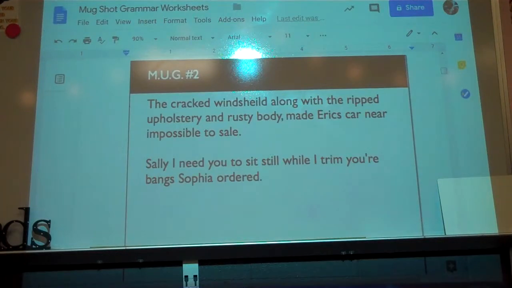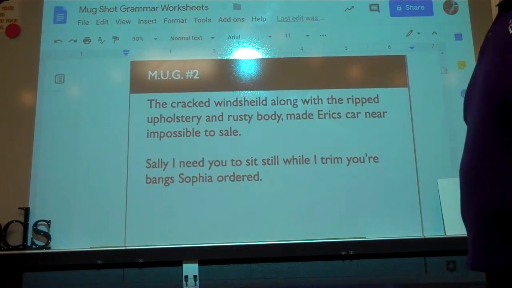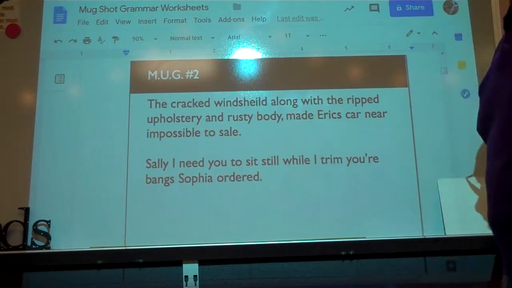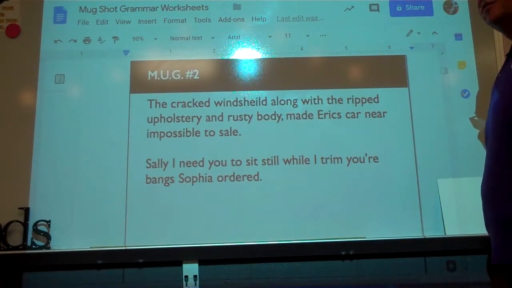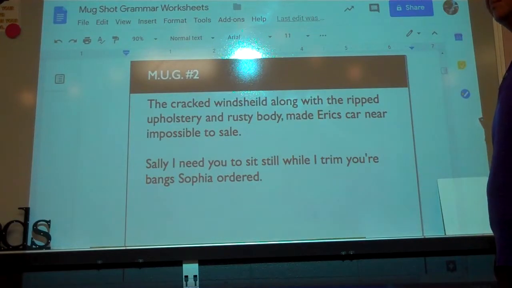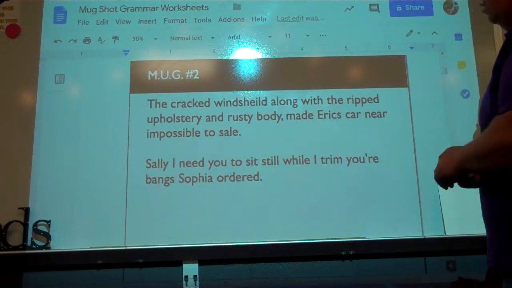Okay, so the first sentence says: the cracked windshield along with the ripped upholstery and rusty body made Eric's car near impossible to sail. Okay? Are there mistakes in this sentence? Damien? Spelling. Okay, where's the spelling error at? The sail. Sail, okay?